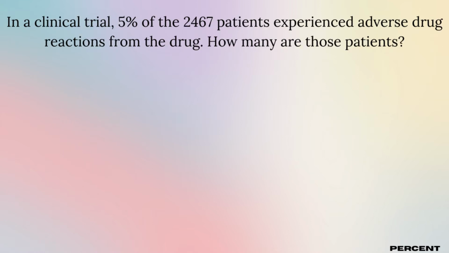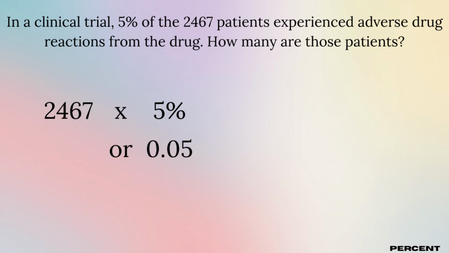In a clinical trial, 5% of the 2,467 patients experienced adverse drug reactions from the drug. How many are those patients? For this question, we have 2,467 patients. Just multiply this value with 5%, or you could convert it to its decimal form, which is 0.05.